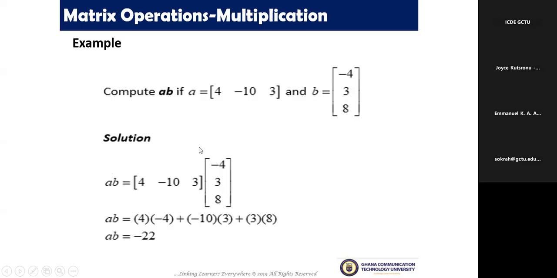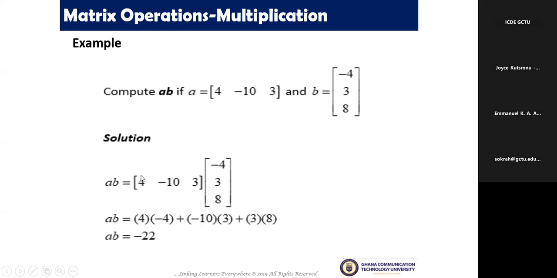The row changes to become a column. So when it stands up, you see 4 matching -4, -10 will match +3, and +3 will match +8. You multiply them in that matching order, and then you add them.